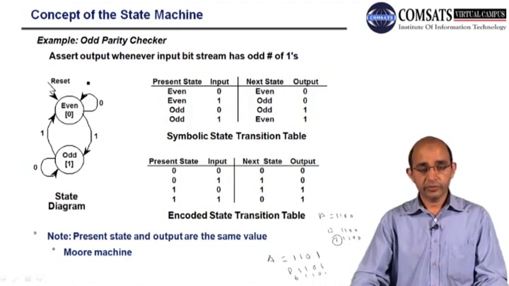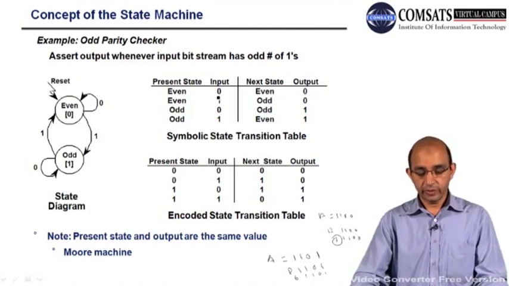So where to start, right? First we can start from the even state, thinking that the number of ones within the bit stream is even, right? And input is 0 because the bits are coming.